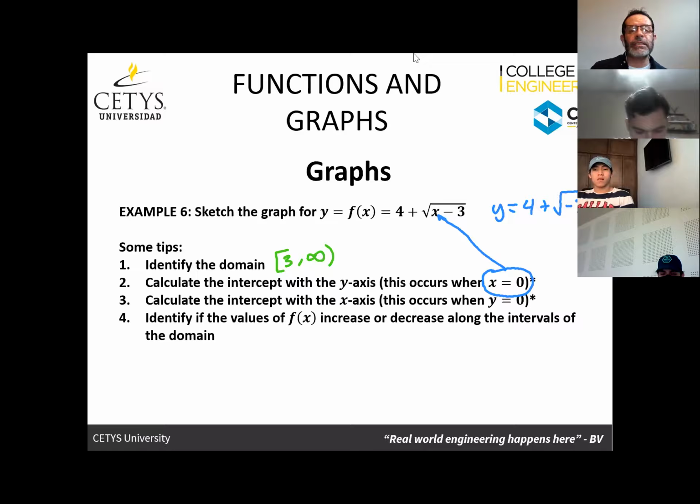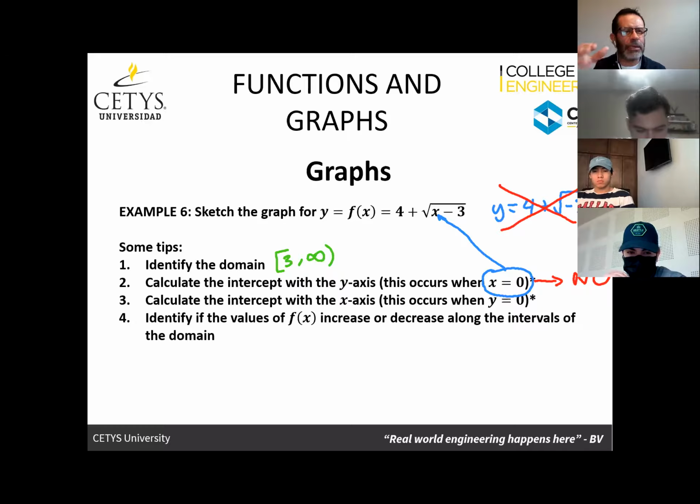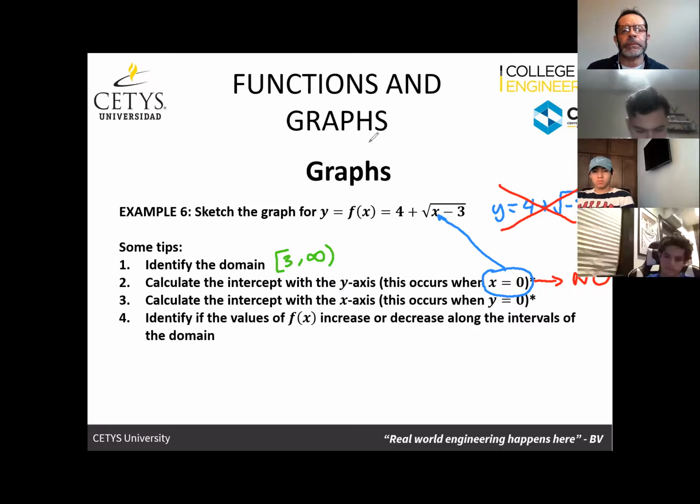This is not valid. This does not exist. This is not a real number. So what does it mean when that happens? It means that there are no intercepts in the y-axis. What does this mean? It means that the graph does not cross the y-axis. It will never cross the y-axis.